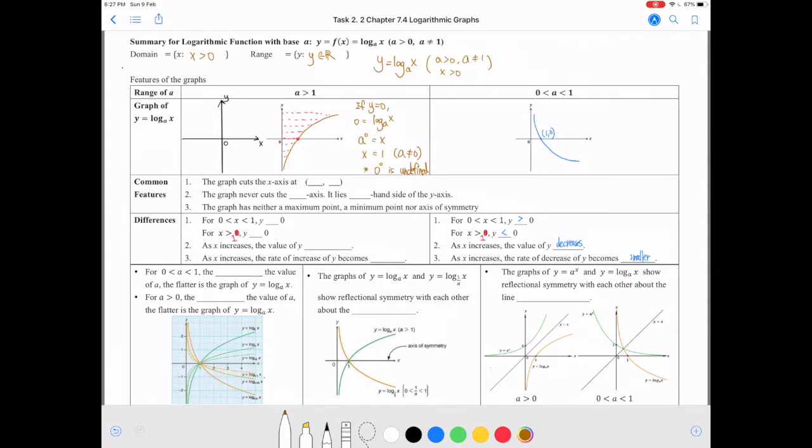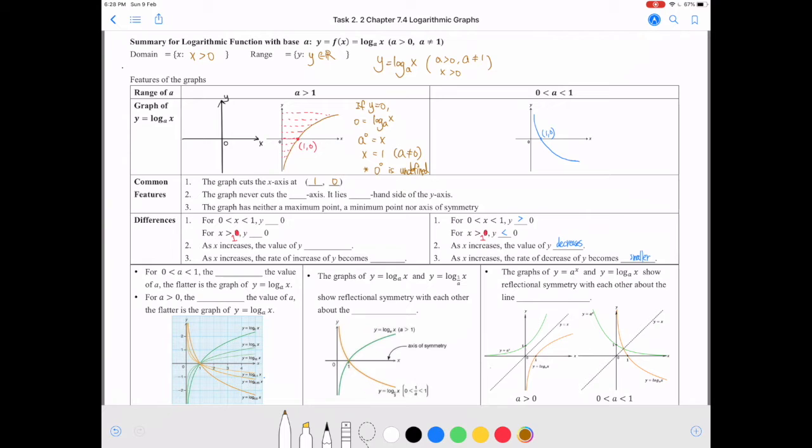So that means if y is 0, then x is 1. So this point must be (1, 0). So the first feature: the graph cuts the x-axis at (1, 0).